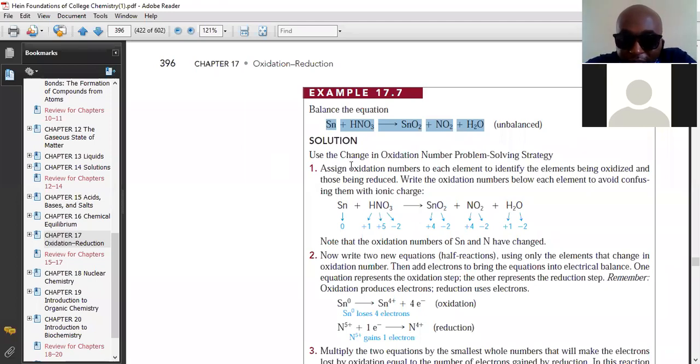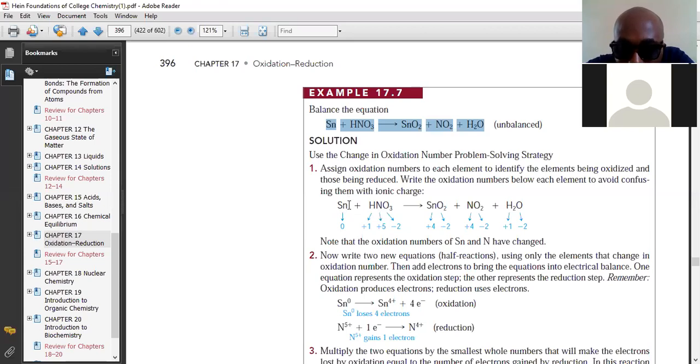So this is tin plus nitric acid, giving you tin 4 oxide plus nitrogen dioxide plus water. You assign oxidation numbers to everything. Sometimes you can even ignore the oxygen, but it's okay to assign everything.